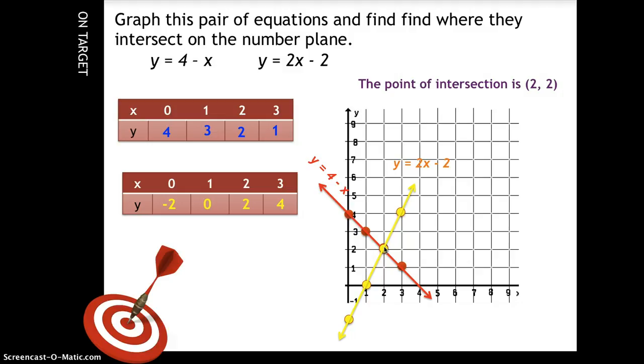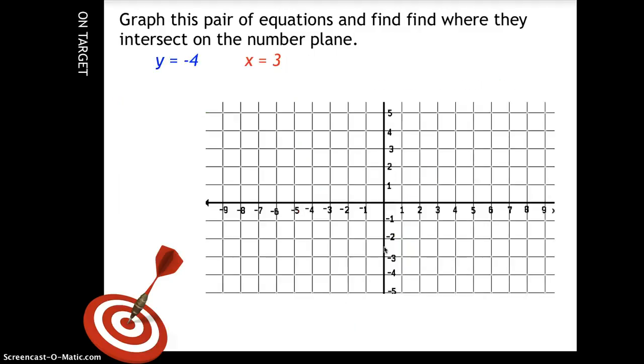Okay, I'll give you another example, but this time your equations or functions are lines parallel to the axis. Now my expectation is you know how to do this already. If you don't and you're struggling, you need to watch the other video, the video about straight lines parallel to the axis.